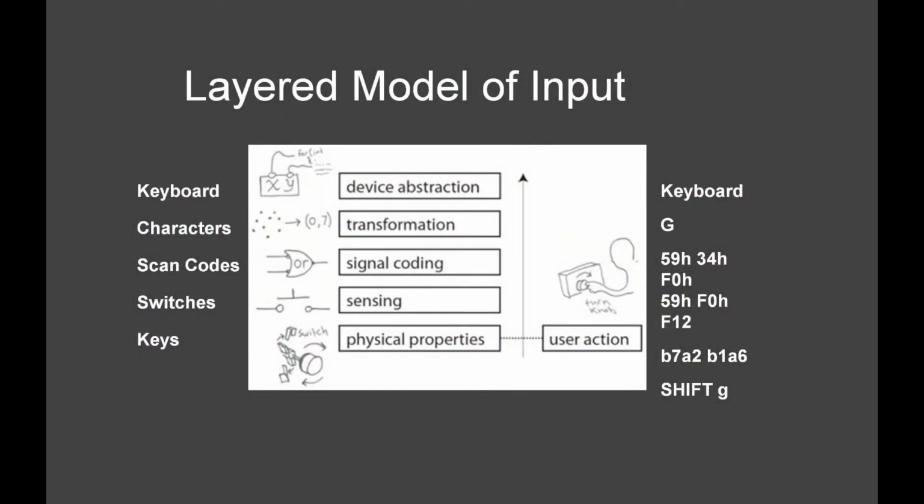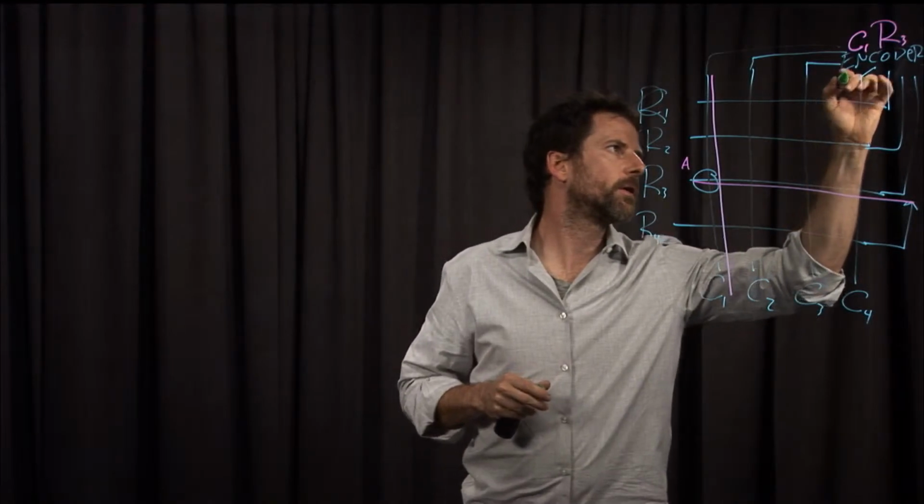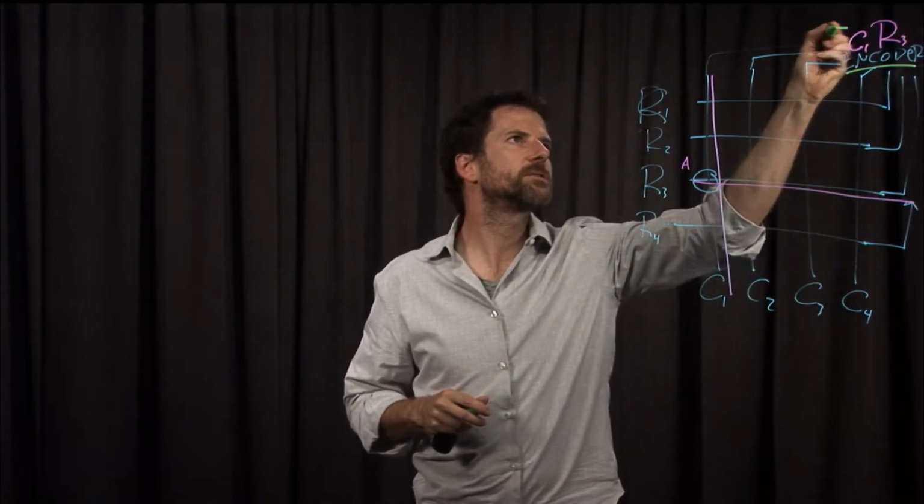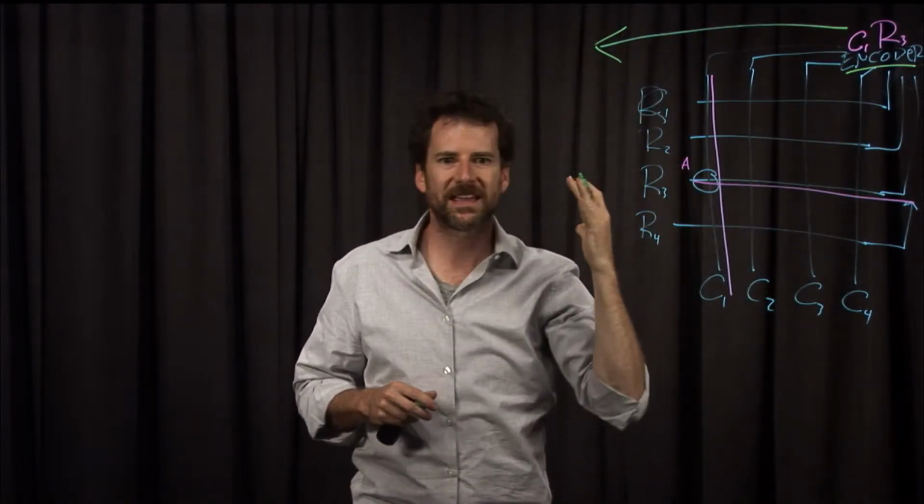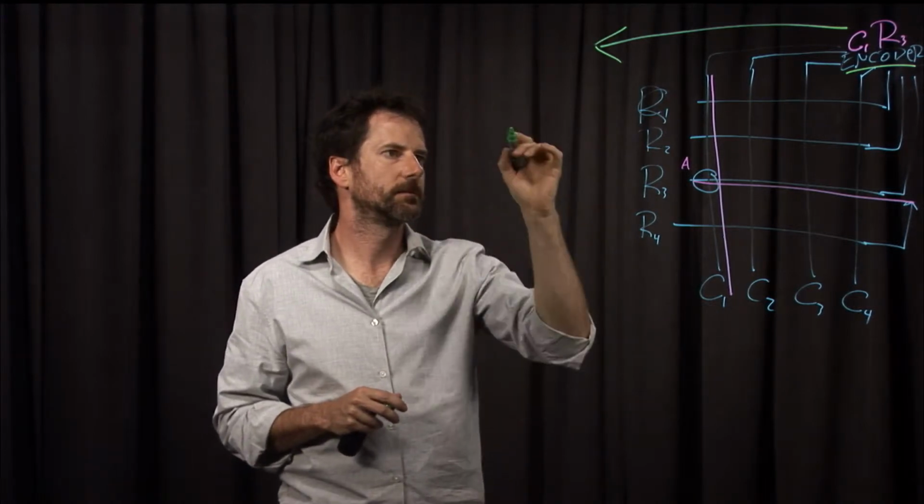Now we're going to talk about how that key code bubbles up. Your encoder is going to send to the computer the key code that is pressed.